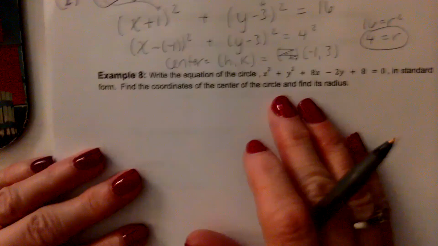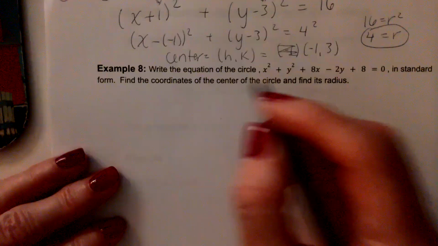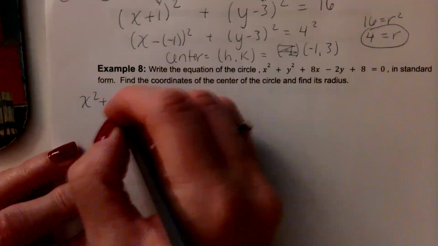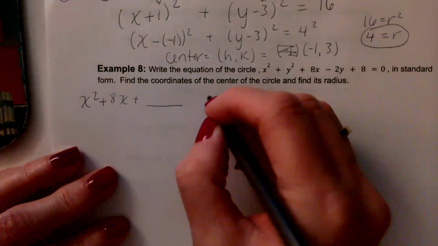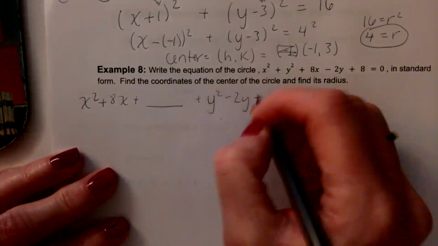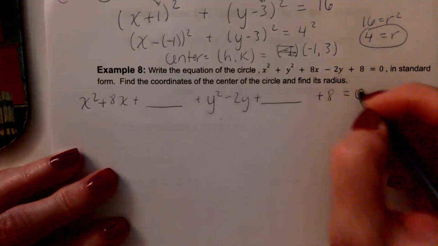Okay, so write the equation of the circle in standard form. Okay, so we have to regroup them again. So we have x squared plus 8x plus something to make that a perfect square, plus y squared minus 2y plus something to make that a perfect square, plus 8 equals 0.